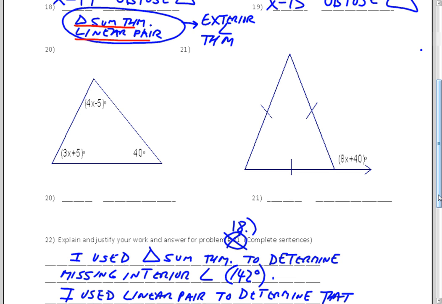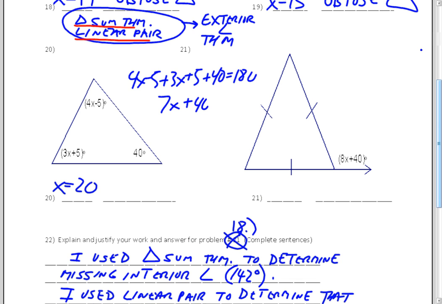Same idea for number 20. I'm just going to write down the answer to that one. Did you get 20 out of that? 4x minus 5 plus 3x plus 5 plus 40 equals 180. 7x plus 40. Do a little subtraction.